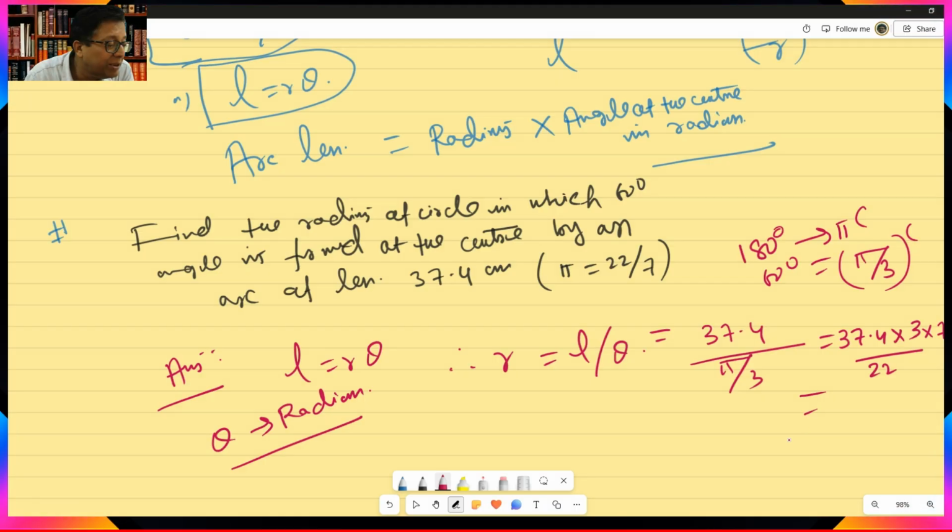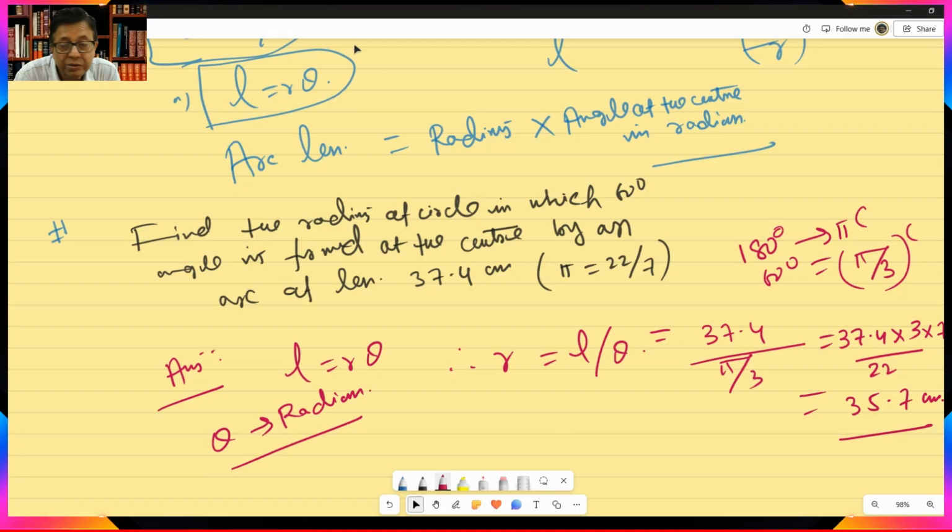This is going to be 37.4 into 3 into 7, divided by 22. Just multiply. You can use the calculator now, whatever, mobile phone. So this is approximately going to be 35.7 centimeter. Clear? Hope you have understood.